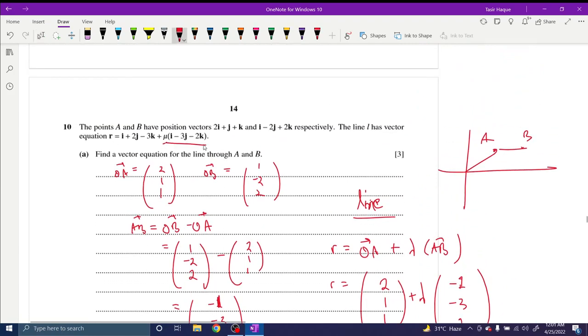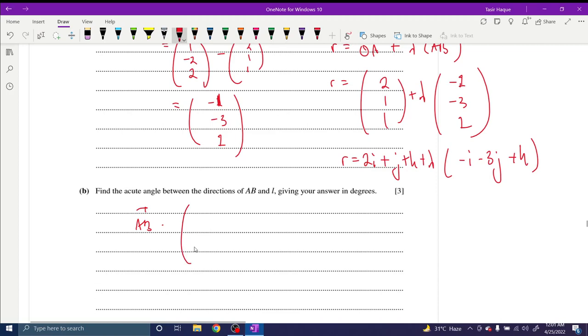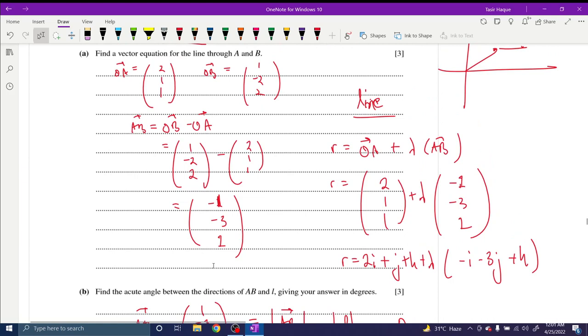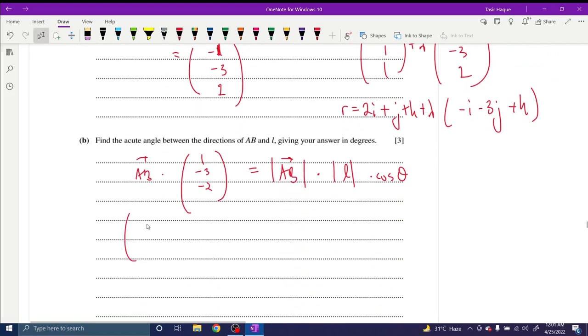It's actually (1, -3, -2). The dot product is equal to the modulus of AB into the modulus of line L, direction vector of course, and into cos theta. So the direction vector for our line AB was (-1, -3, 1) dot, don't use a cross, (1, -3, -2). That's actually equal to the dot product.